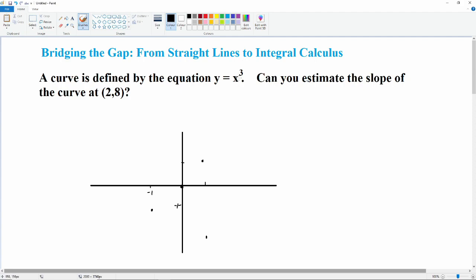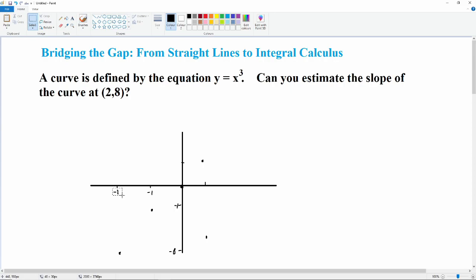And then negative 2 times negative 2 is positive 4, and then positive 4 times negative 2 is negative 8. So negative 2 cubed is negative 8. So if this is negative 2, we're going to have to pretend that negative 8 is down here somewhere, and it's going to be way off. Actually, that doesn't even look like it's a proper curve.